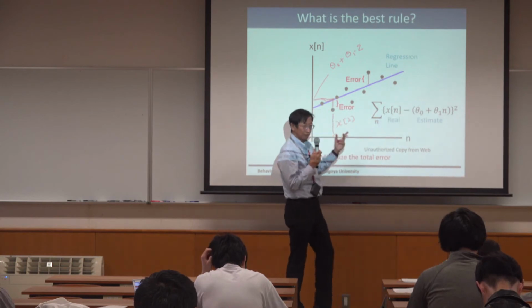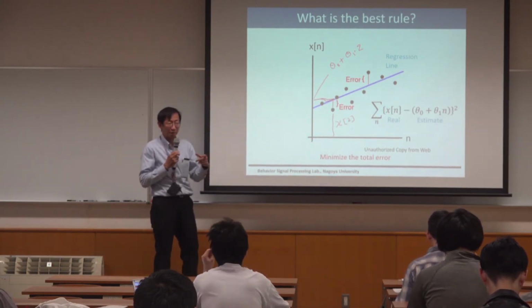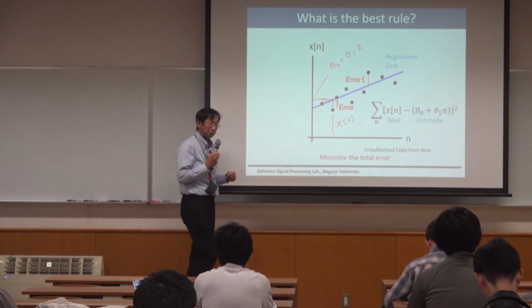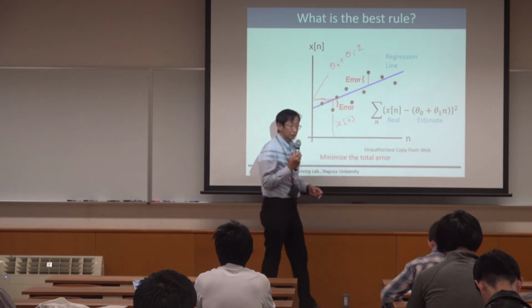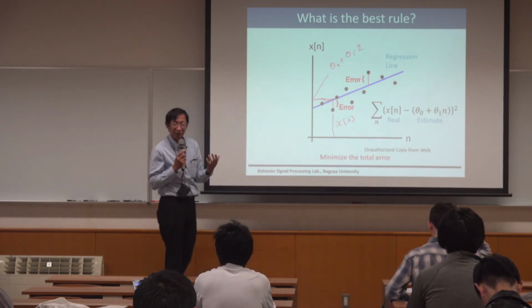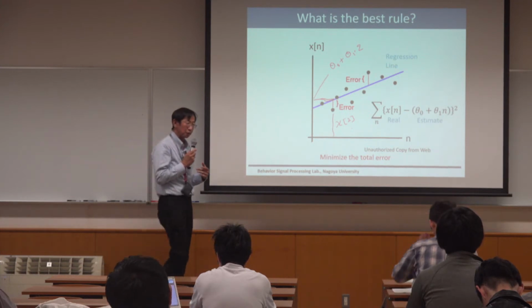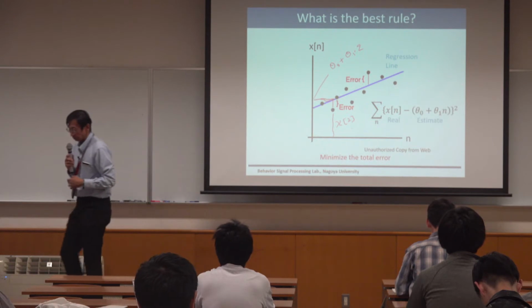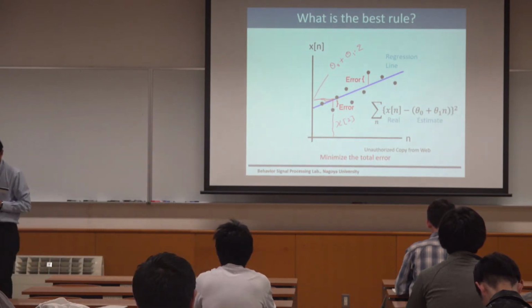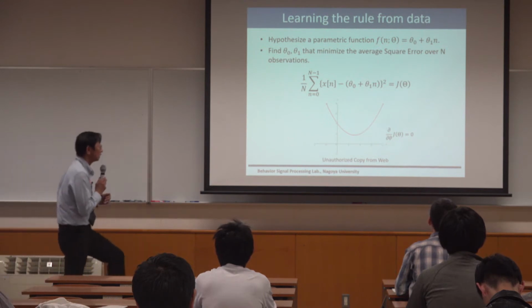And the total error is the value that should be minimized in terms of theta 0 and theta 1. So this is a very simple problem, right? Because this is a so-called quadratic problem. We well know about the quadratic function, which we also studied in high school, right?